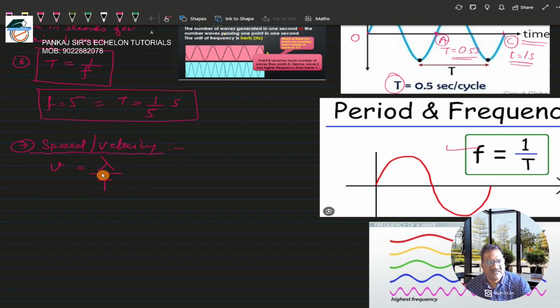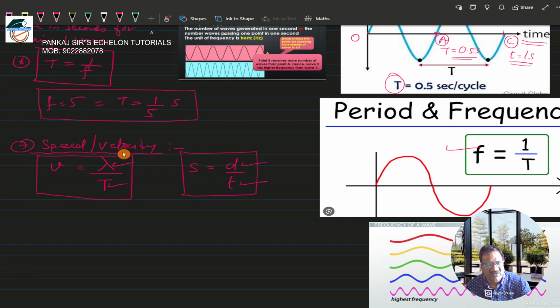In general physics, speed is equal to distance traveled upon the corresponding time taken, or speed is distance traveled per unit time. So the speed of a wave is the wavelength divided by the periodic time. Because this wavelength is the distance traveled by the wave, and this periodic time is the time taken for a single wave, so unit time. So both definitions are one and the same.